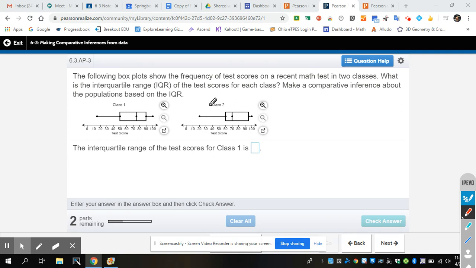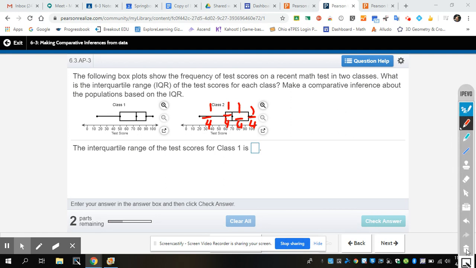So what we have is 1/4 of the data right here, 1/4 of the data right here, 1/4 right here, and 1/4 up here. Okay, so when it says variability, that means that these numbers are just closer together. These numbers are more spread out.